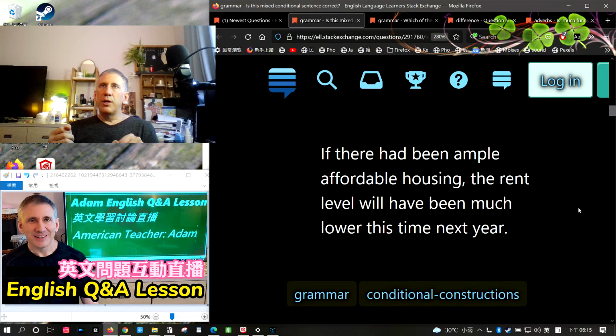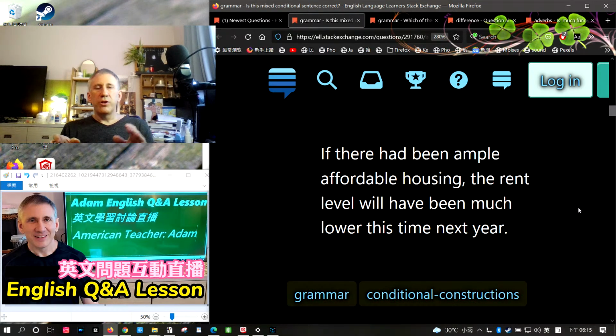For example, if I had $1 billion, I would buy COVID vaccines for everyone. If I had $1 billion, I would buy COVID vaccines for everyone.